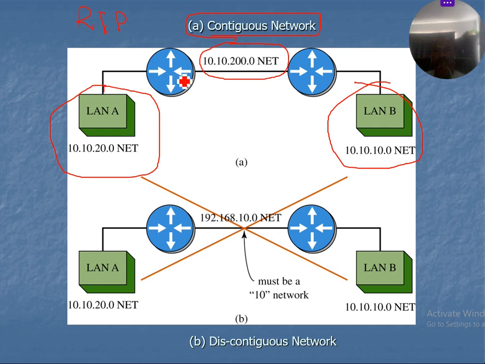The routing IP subnet between the two routers and those of the LANs must be in the same class in order for routing information protocol to work.